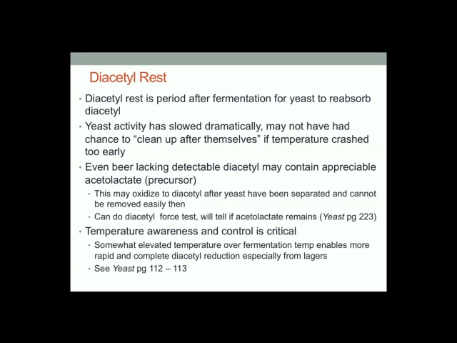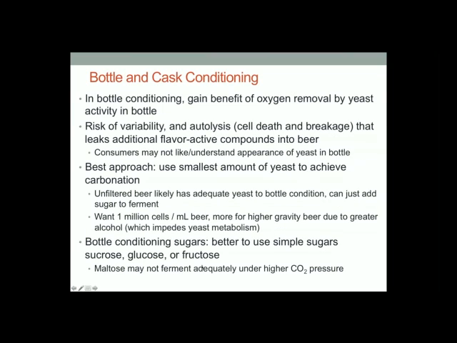Many times you'll want to elevate the temperature higher than the fermentation temperature, which will allow greater reduction of diacetyl, especially if you're looking at lagers, which are fermented at very low temperatures. Considerations on that and temperature control for the diacetyl rest can be seen in the yeast book, pages 112 to 113.